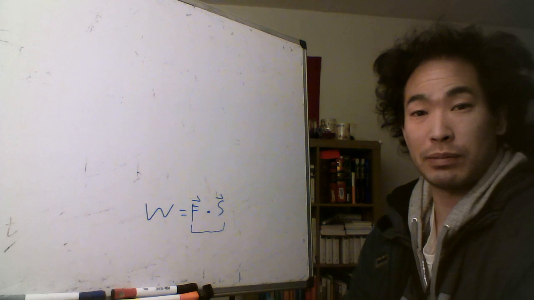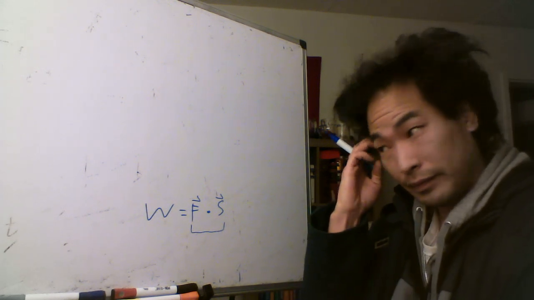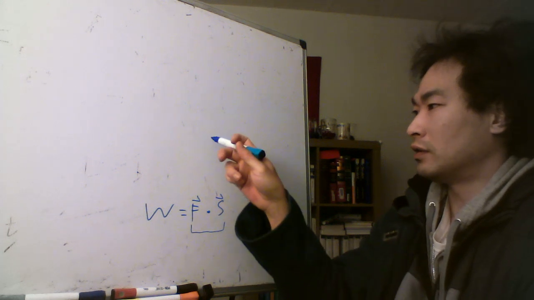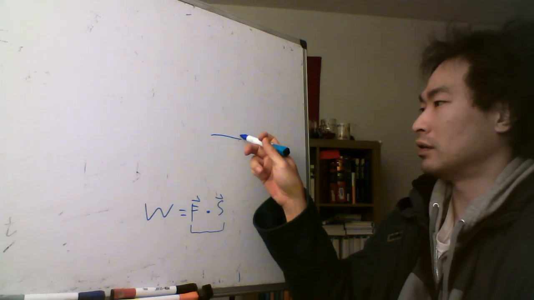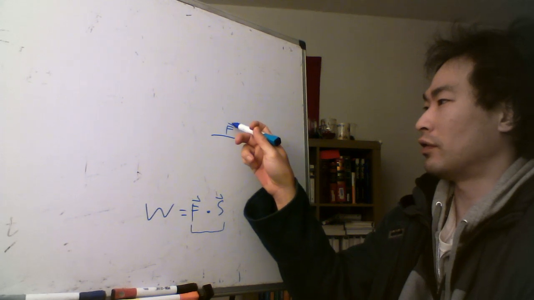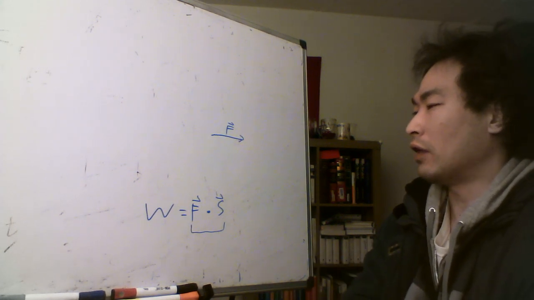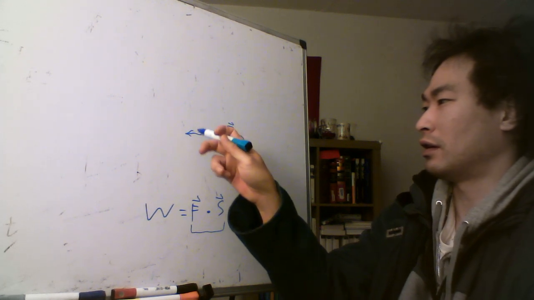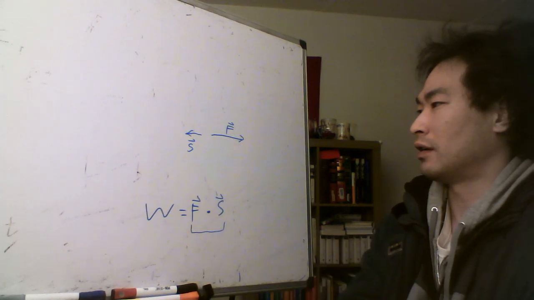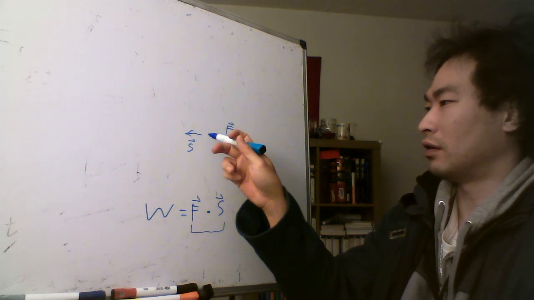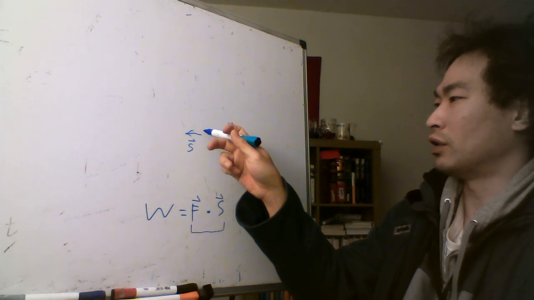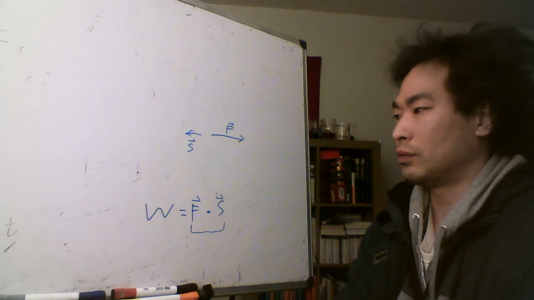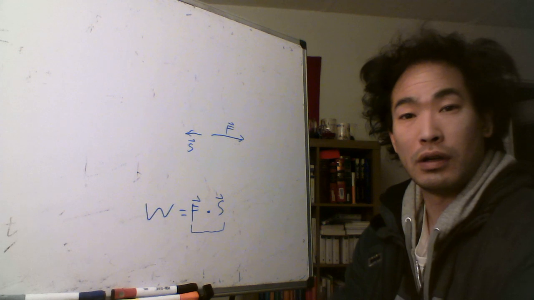Yes, because it's a dot product, right? What if the force is, so you have this force field, this is the direction of the force, this force vector. And what if this guy goes in the other direction? Then the angle between the two is 180 degrees. Then what is the cosine of that? Negative 1.